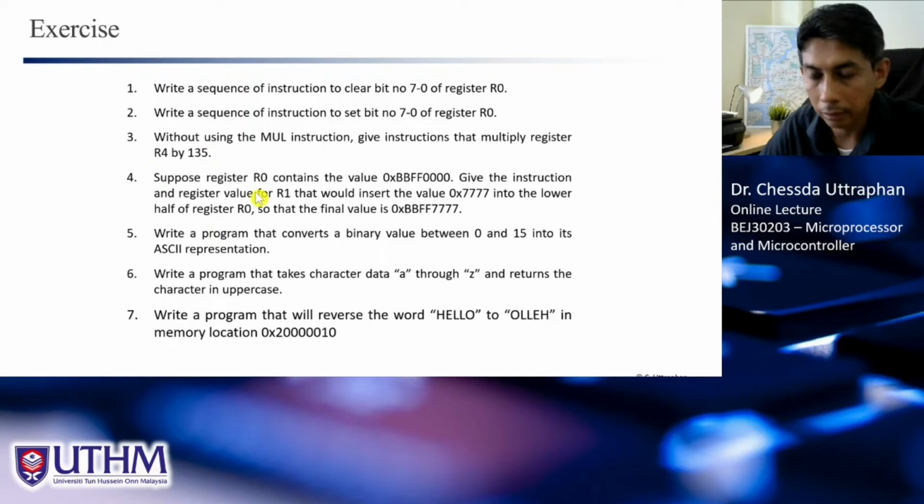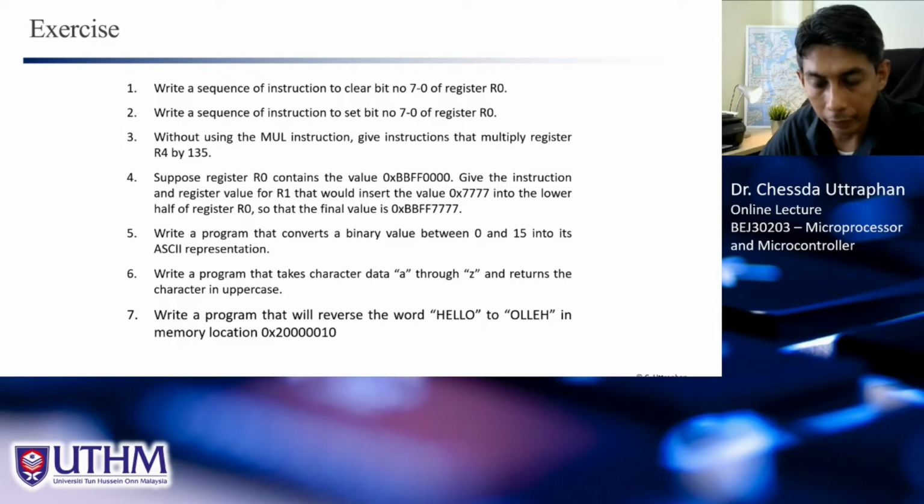Okay, so that summarizes chapter 3. We have learned a lot in chapter 3. We have learned how the instruction set works, what happens when we execute an instruction, and how to write a program in assembly language.